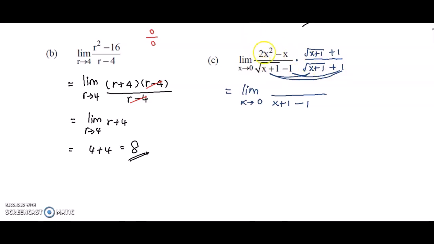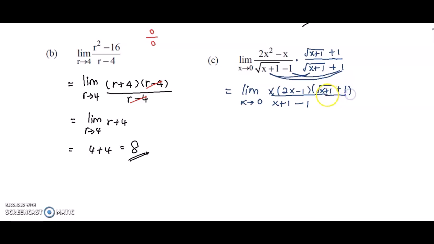On the numerator, you have a polynomial over here. So you can just factor out the x. You have 2x minus 1. Then after that, for the numerator, you're not going to expand it. You just use a bracket to show they are multiplied by each other.